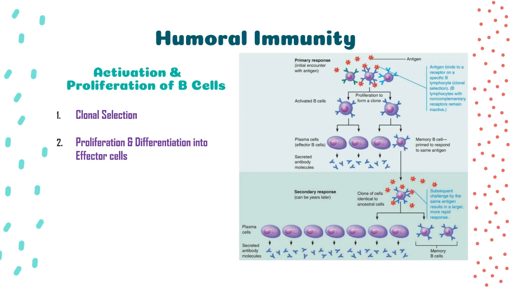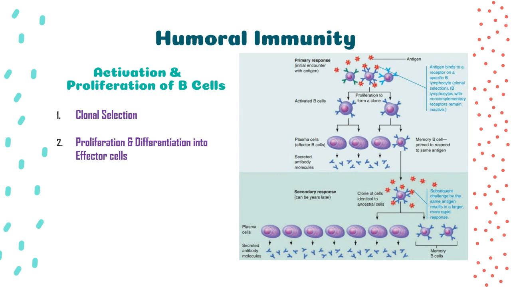Following that, these B lymphocytes proliferate and differentiate into effector cells, that is the plasma cells, which are the antibody-secreting cells, and they produce antibodies to target the foreign antigens.